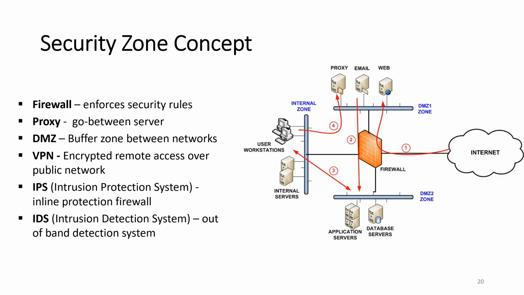Okay. Now a proxy, just quickly, it's a go-between. It's like a broker, where if somebody on the internal zone wants to, for example, send something to somebody who's on the internet, they would send it to the proxy server. The proxy server will turn around and forward it under its IP address to the external recipient.